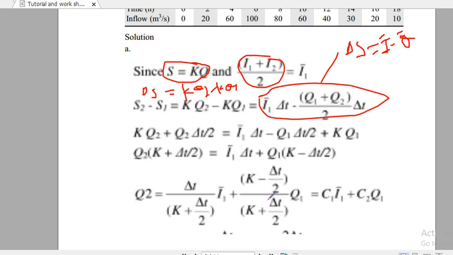So this means Q2 is equal to change in T over 2K plus change in T, times I bar, plus 2K minus change in T over 2K plus change in T, times Q1.